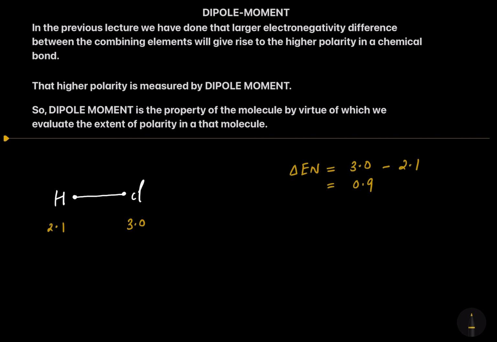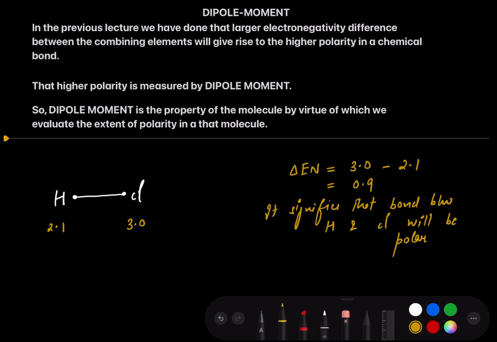It signifies that the bond between hydrogen and chlorine will be polar. So, in this case, the chlorine is having higher electronegativity. So, what will happen?